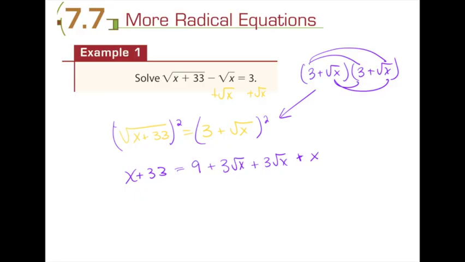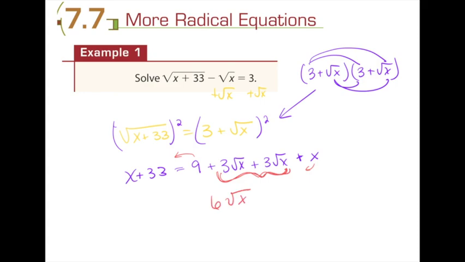So you can simplify it. We have this right here that's going to simplify. And here's the thing. I do want to move over my 9 and my x because I really need now my roots by themselves, okay? So over here on this side, I'm going to add 3 and 3. I will have 6 square root of x, all right?